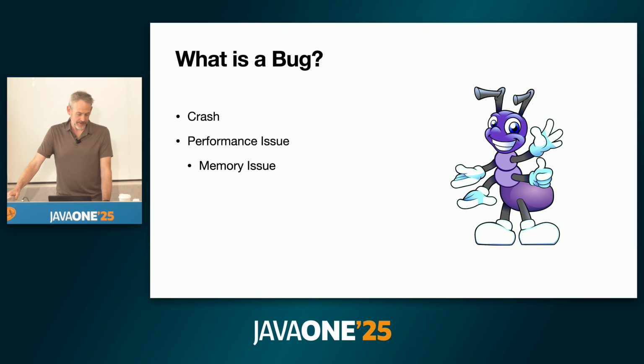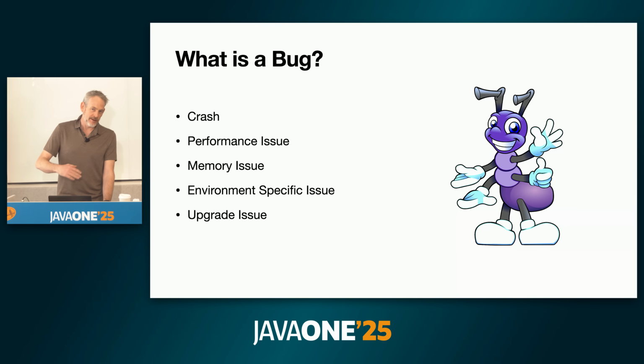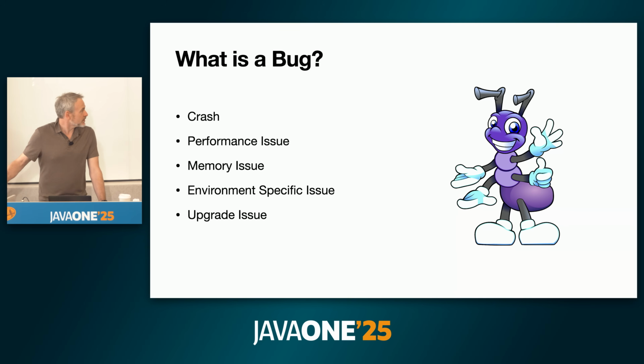But having done this for a while, I can tell you there are a number of issues that are a little bit more subtle than that, like performance issues. You might have an application that works absolutely fine, but the new version is suddenly slower, or it might consume more memory, or it might be an environment-specific issue. Maybe it's all three. Maybe it's an app that when you deploy it to a Docker container, the memory consumption causes a performance issue.